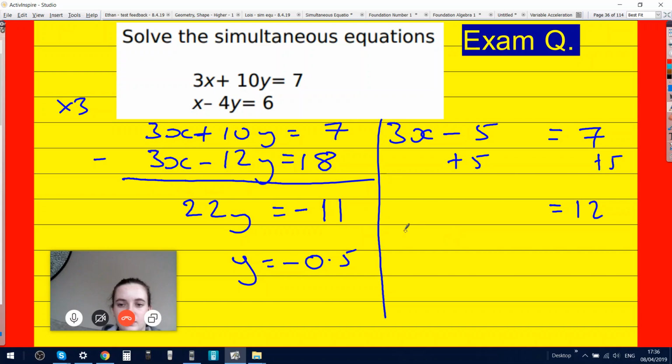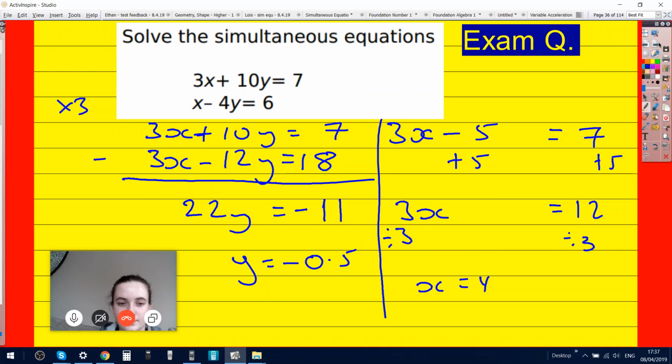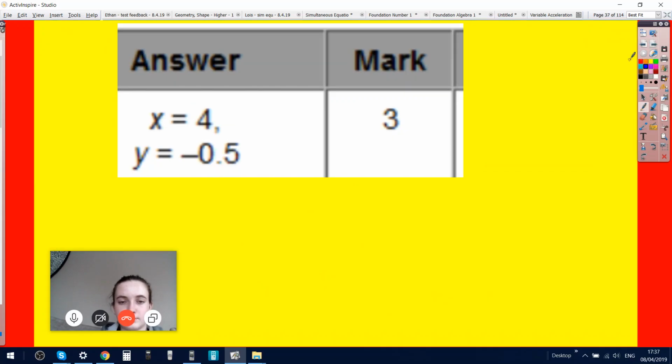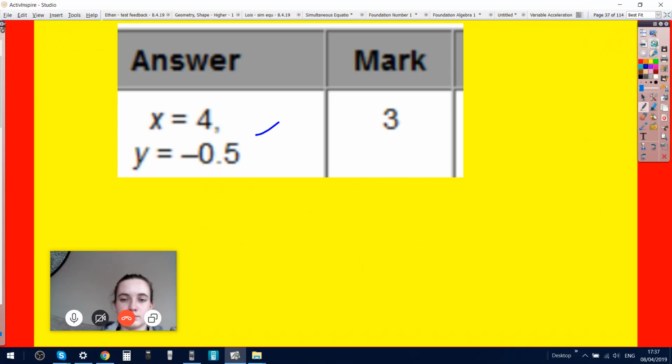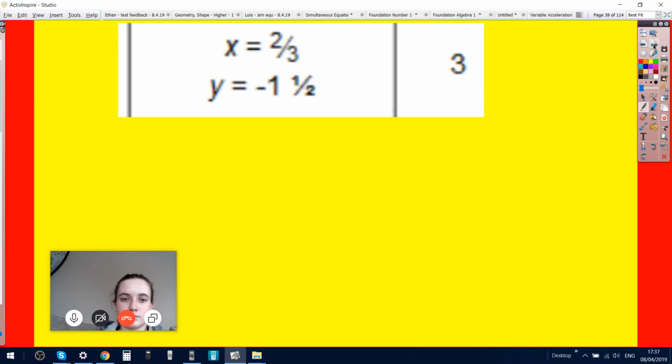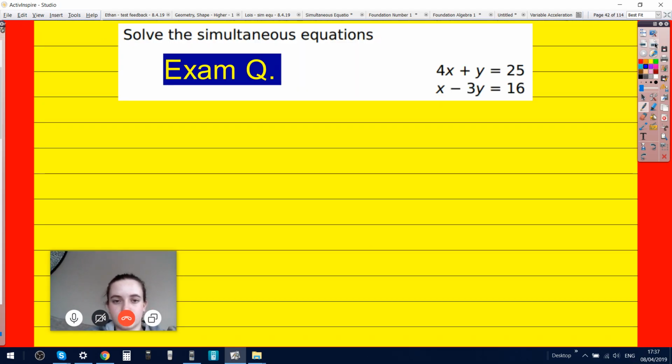Then 3x is 12, and then x is 4. Well done. And I chose that one because I knew it would be tricky. No, just use your calculator. That one's fine. It's times by 3.